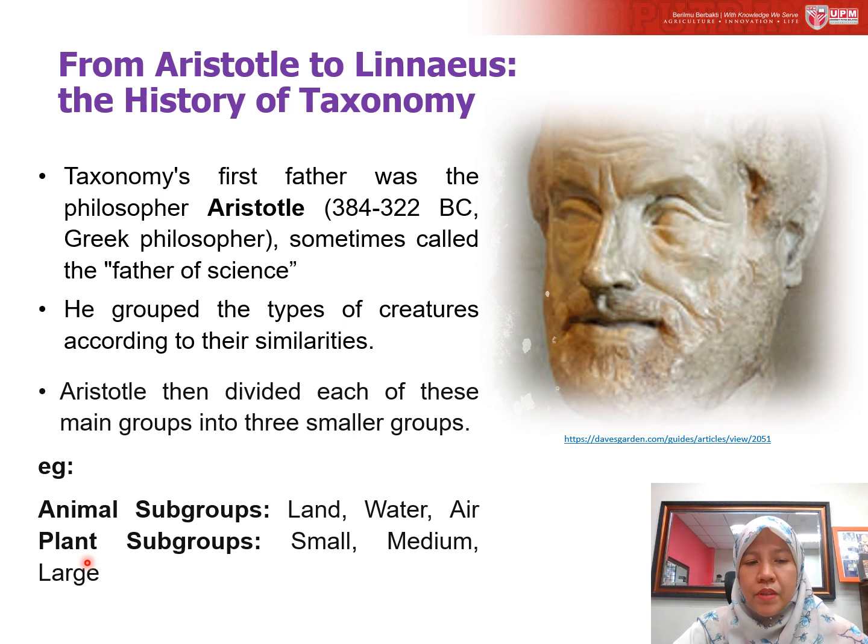For example, the animal subgroups are land, water, or those which live in air. Under plant subgroups, he divided them into whether the plant is small, medium size, or large size.